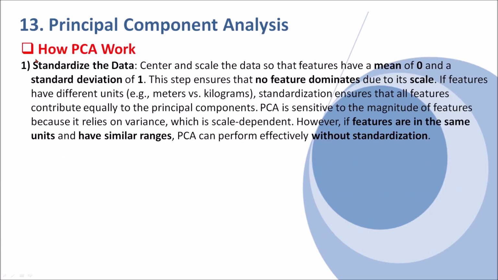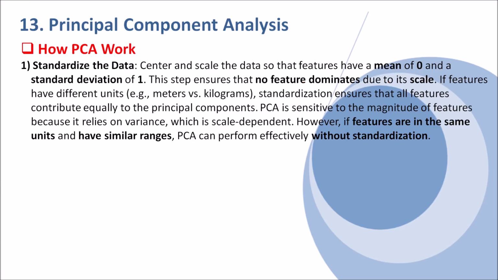Now, let's see how PCA works, namely, what kind of steps we have in order to perform PCA for a dataset. First step, standardize the data. Center and scale the data so that features have a mean of 0 and a standard deviation of 1. This step ensures that no feature dominates due to its scale.